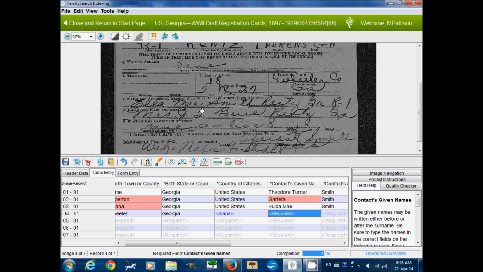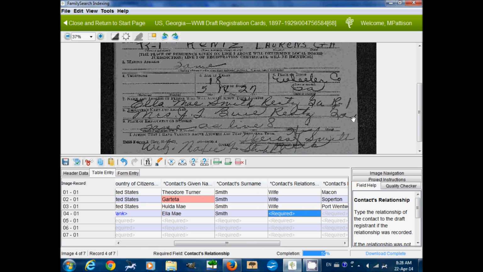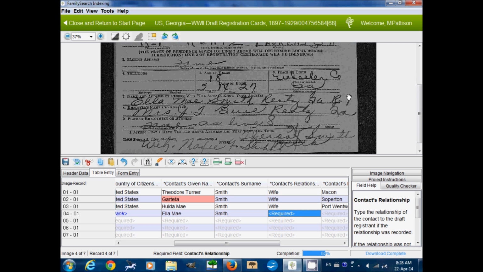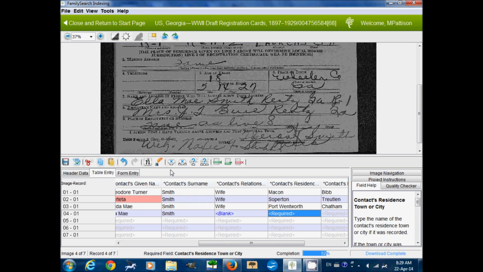Now again, this is a little bit different format, so we find that here, Ella Mae Smith, and now there's no field for the relationship, so we have no idea what the relationship is. Sometimes they will have written in on this line that it's the wife or mother or whatever the relationship is, but they haven't in this case, so we must leave that blank.